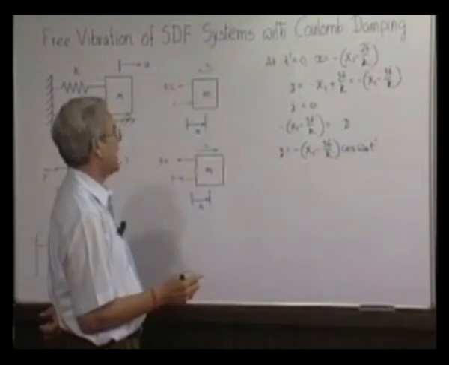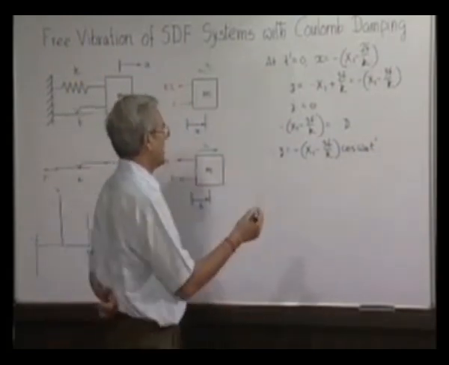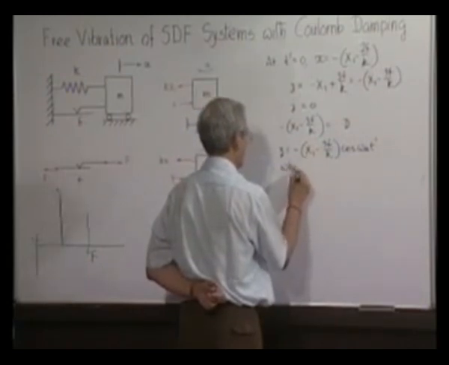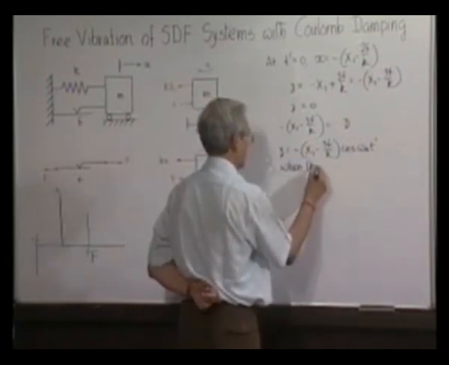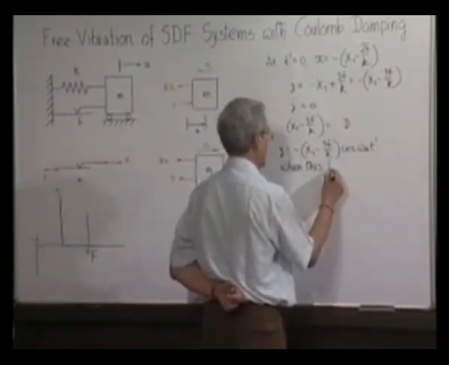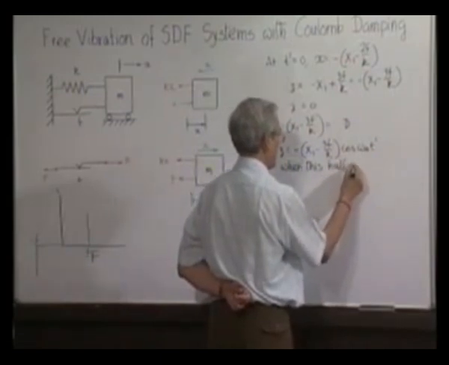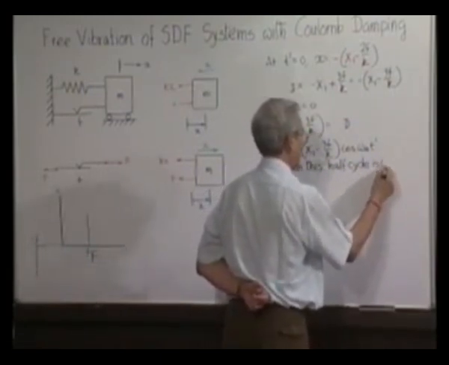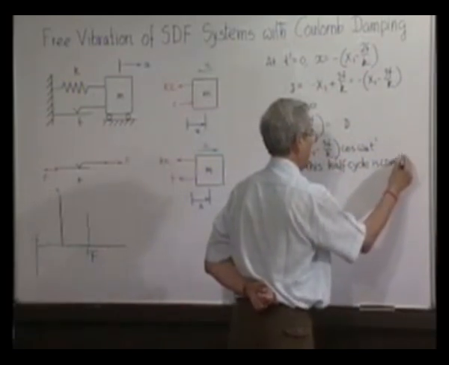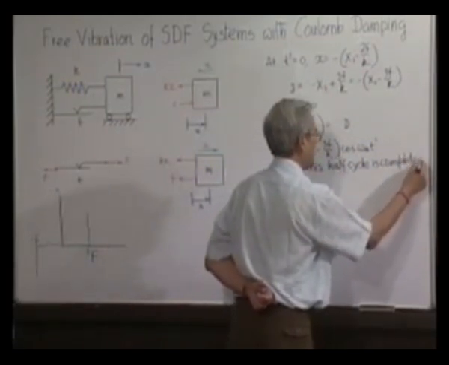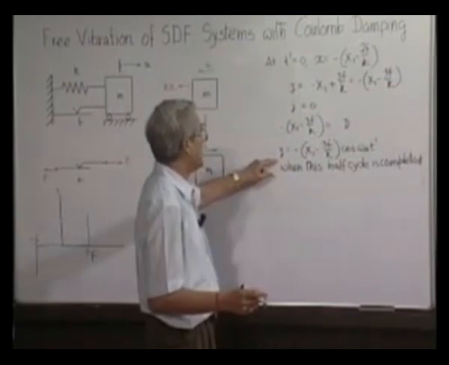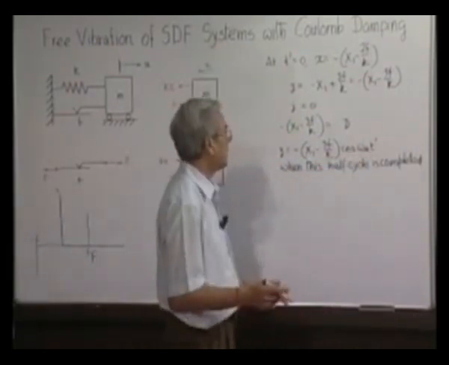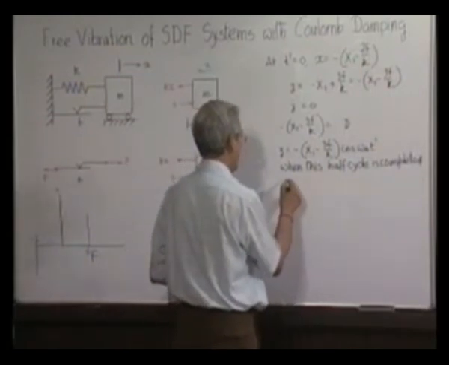Now after one half cycle, that is when the second half cycle is completed, that means when z dot will become 0, z dot will become 0 when sine omega n t prime will be 0, that means omega n t prime will be equal to pi.